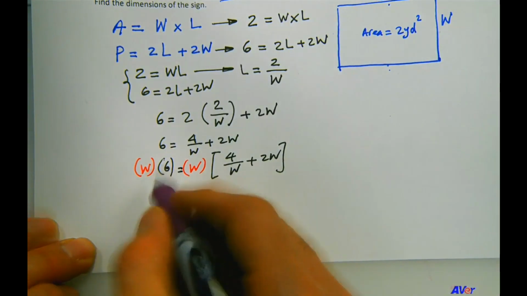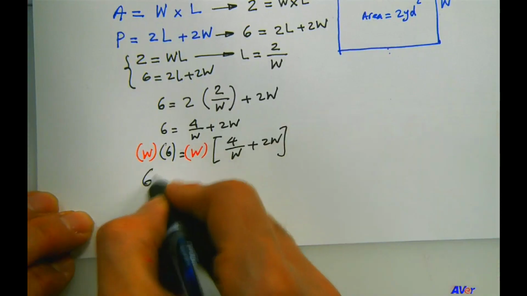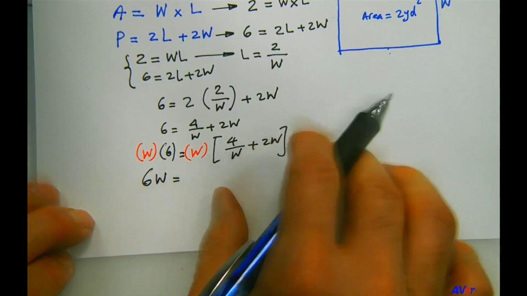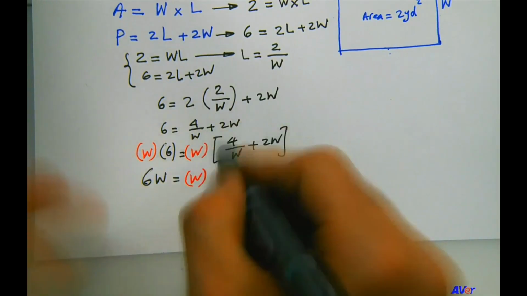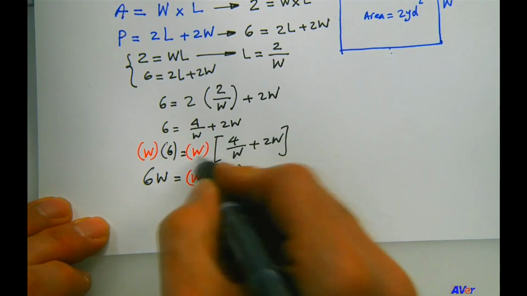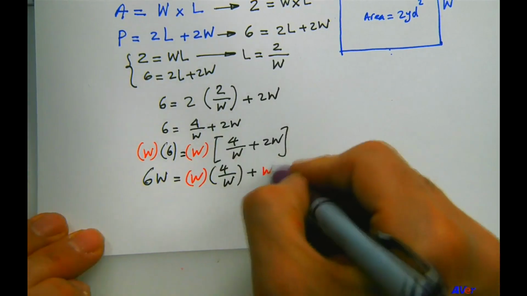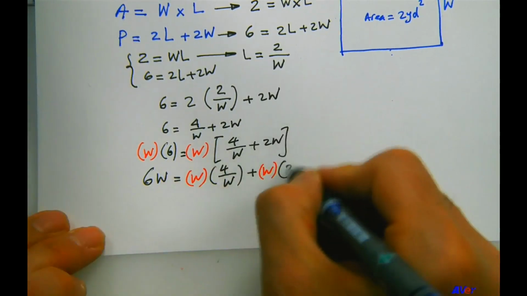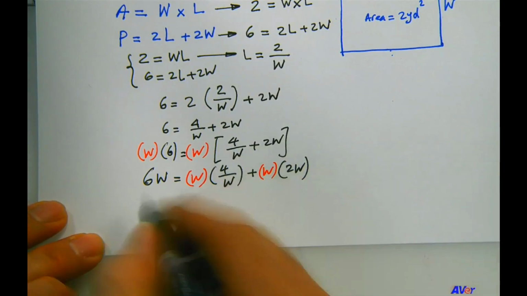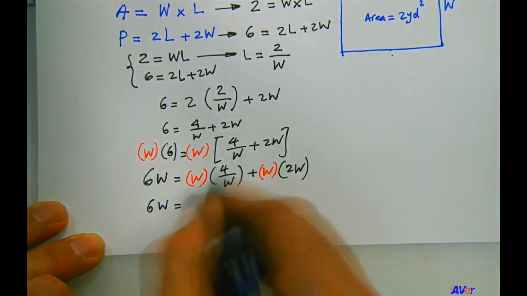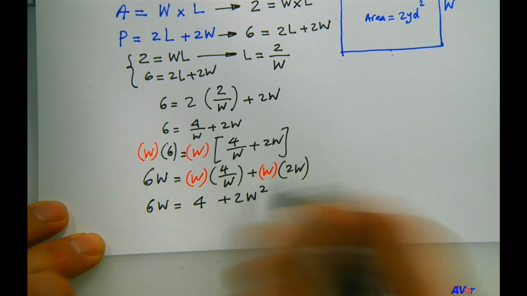On the left we have 6W, right? 6W. On the right, what do we have? We have W. I'm going to distribute but not simplify yet. W times 4 over W plus W times 2W. Now let's simplify. What do we get? We get 6W equals, the W's cancel out here, 4 plus 2W squared.